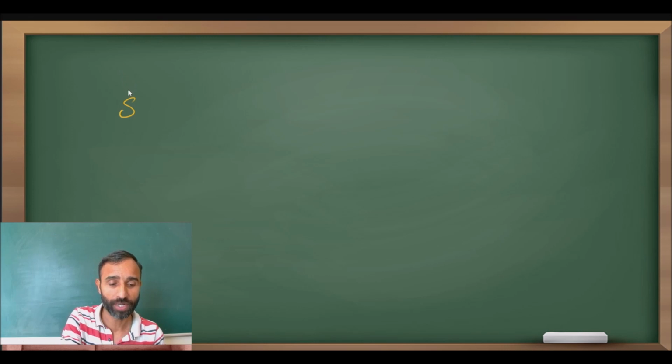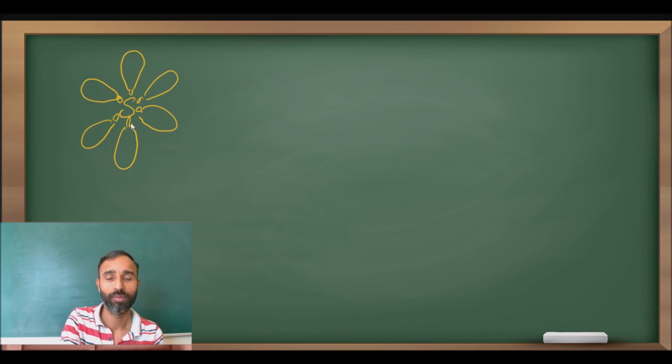This is the central atom, and let us say these are the hybrid orbitals. You know, they are like this, right? Bigger part and smaller part. And one more thing, why are hybrid orbitals required?